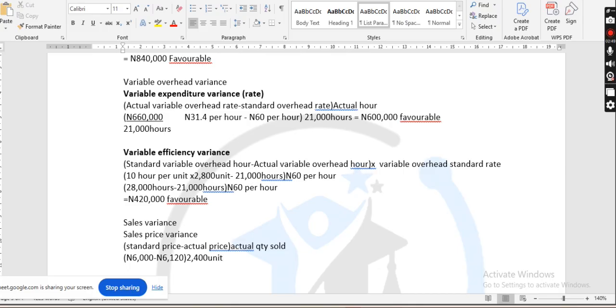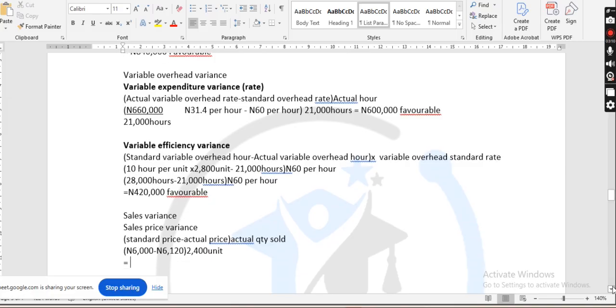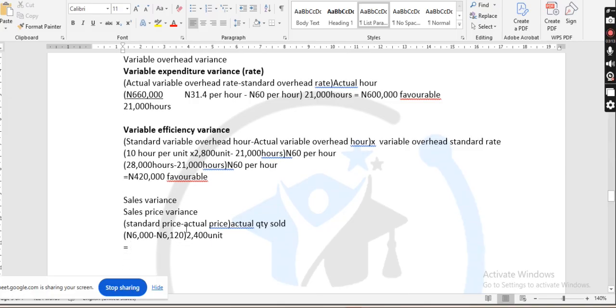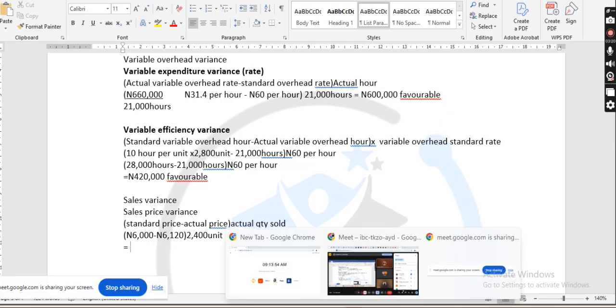So in this, is it favorable or adverse? Favorable. Why is it favorable? Sorry, it is favorable, sir, because you made more profit.